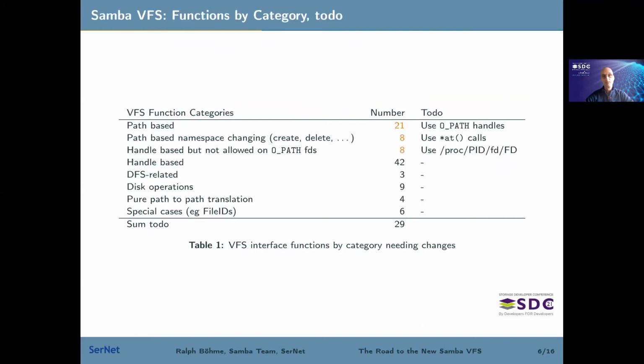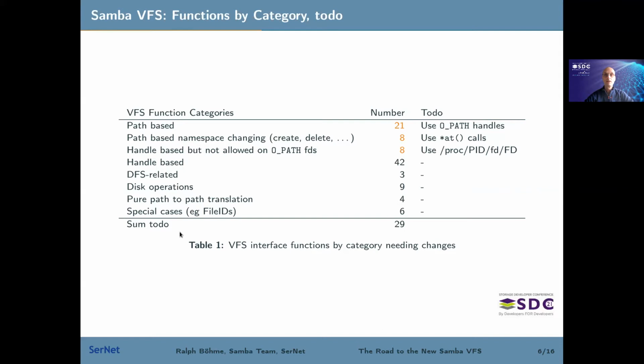Now, looking at an overview of the different types of VFS functions that we have in the Samba VFS, you see that there are path-based VFS functions, path-based namespace-changing functions, handle-based functions not allowed on O_PATH file descriptors or file handles, and handle-based functions.